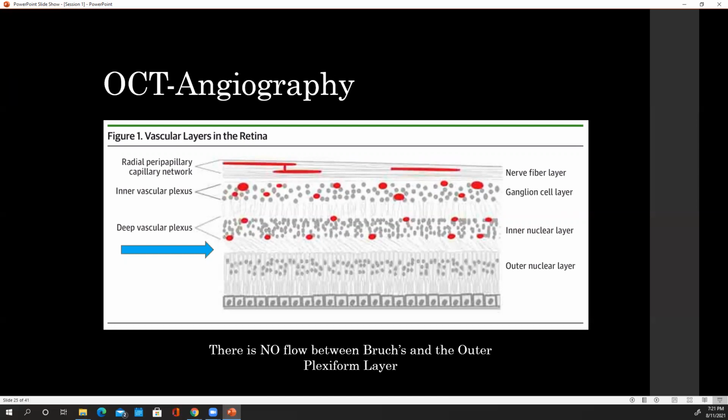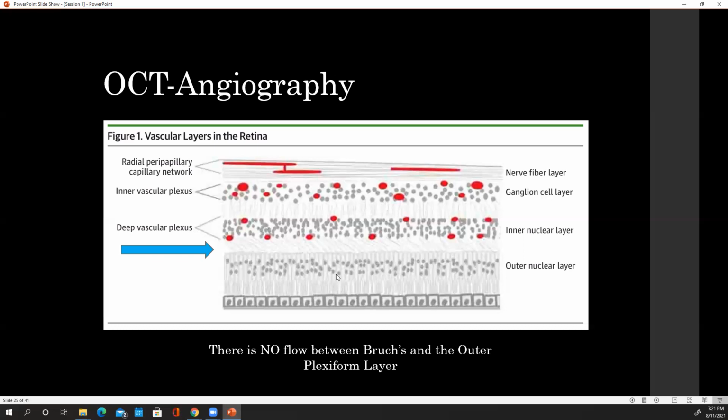Okay, so we know that there's no vessels there, because it's getting its nutrients from the choriocapillaris that's diffusing through here. So what would happen if you saw flow here? You would say that's pathologic, right? And so that's how we use this. We say, well, look, OCT angiography shouldn't have flow in this outer nuclear layer, in this area, RPE, subretinal.